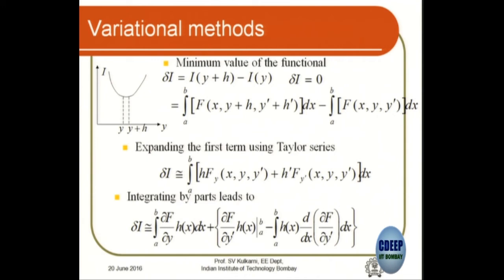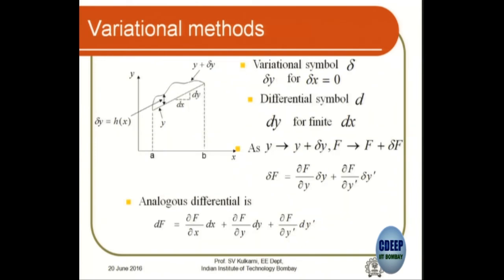Now this is a little maths. So the minimum value of the functional is del I equal to I of y plus h minus I of y. Now just see here what h is. h is the vertical. Now see what is written here, del y is h of x, the variation in y. This vertical thing is a function of x, is it not?